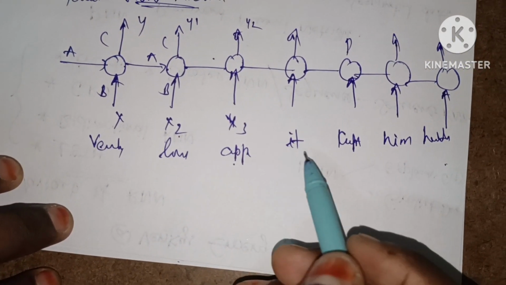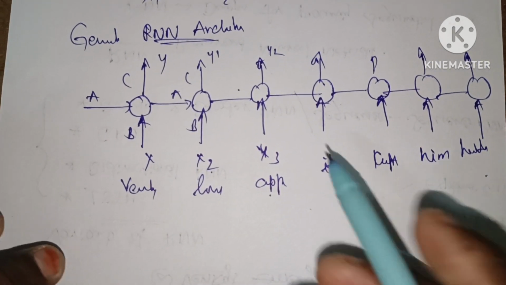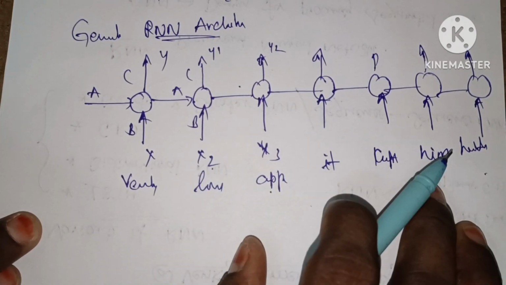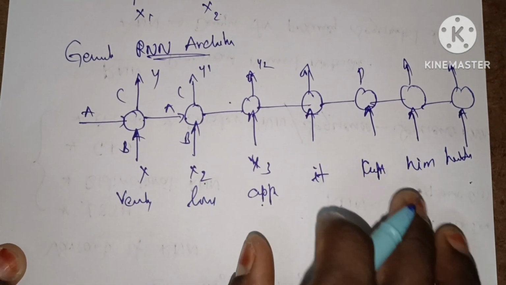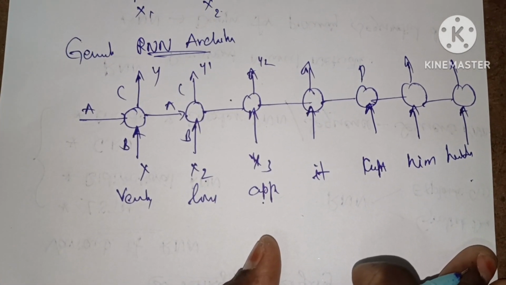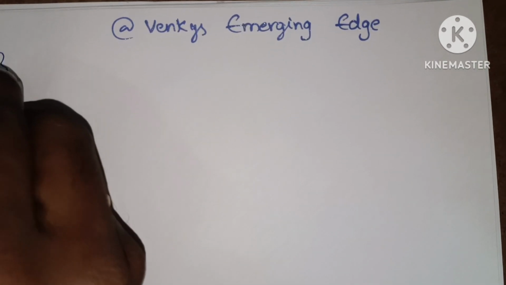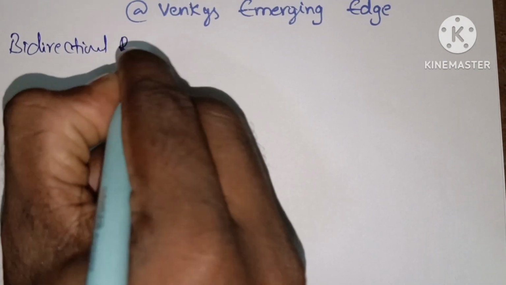If we ask the question, what is apple? Then based on these two, which RNN output is selected? That is one of the main drawbacks of an RNN. So that's why I go for a bidirectional RNN, which is mainly used in natural language processing. Now we discuss the bidirectional RNN architecture.